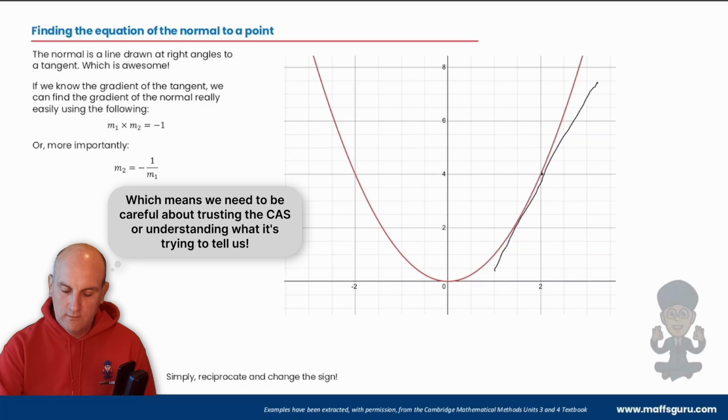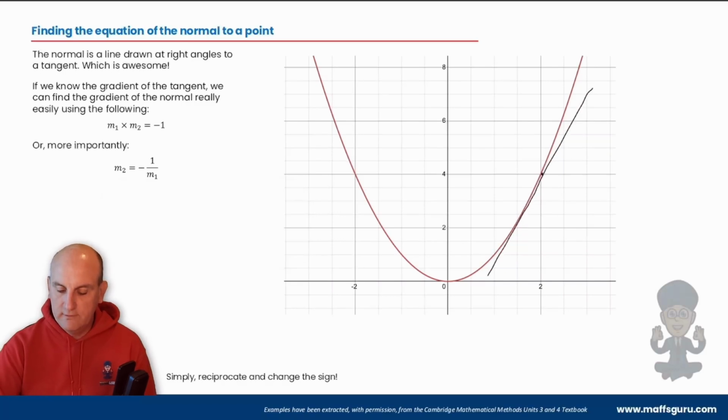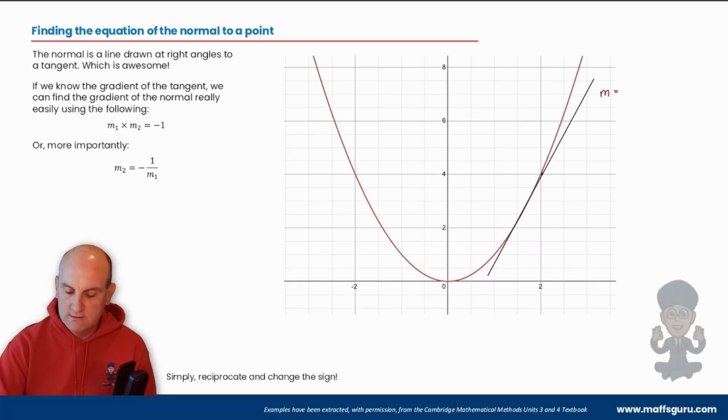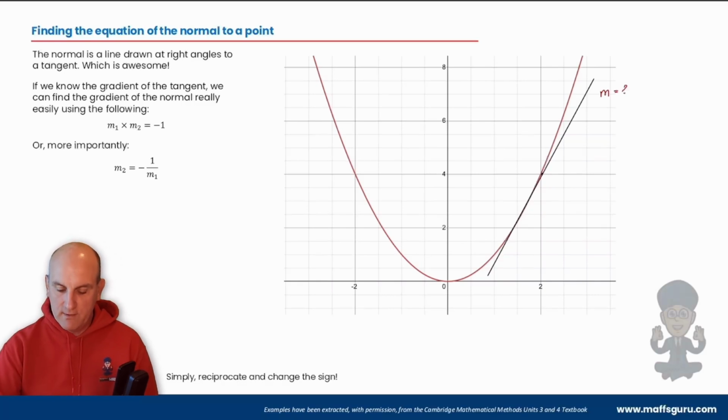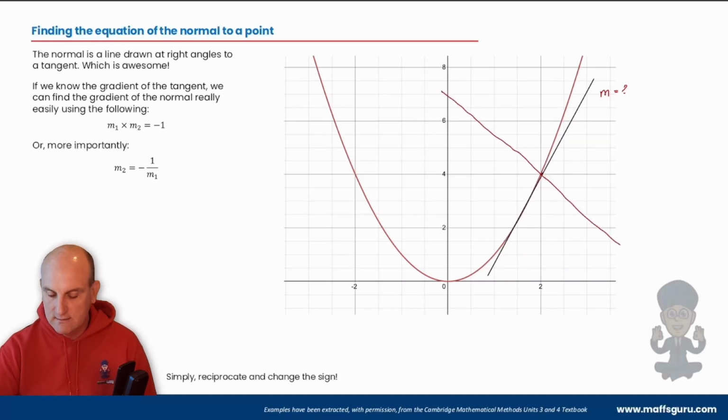Nope. So let's try that one again. There we go. So assuming that was anywhere near a tangent to the line, once I found the gradient of that tangent, I can thereby find the gradient of the normal, which will cut through that point.